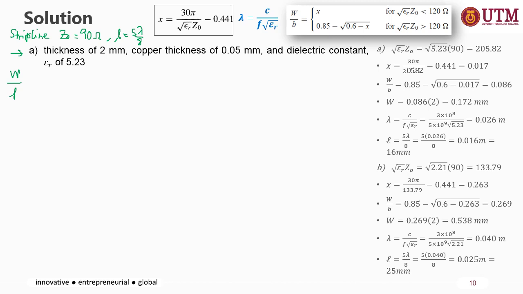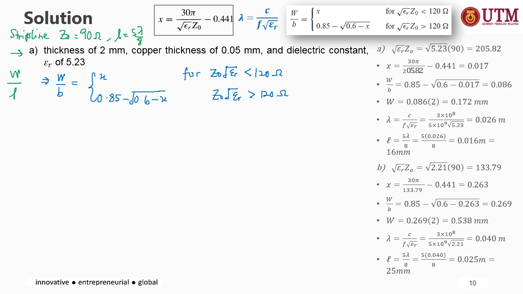Firstly, the one related to the width is from the ratio of W over B, which is equal to x for Z0 square root of epsilon r less than 120 ohm, or 0.85 minus the square root of 0.6 minus x for Z0 square root of epsilon r larger than 120 ohm.